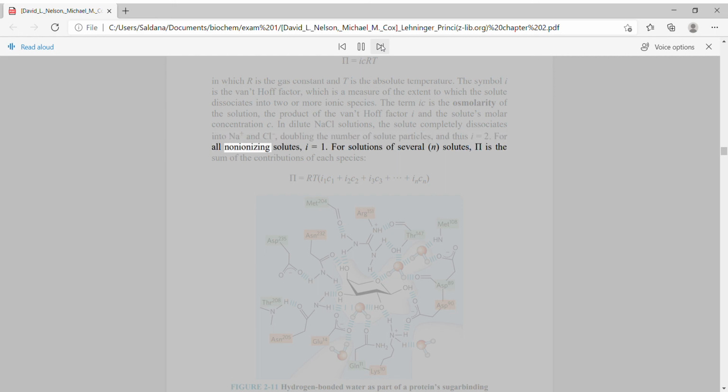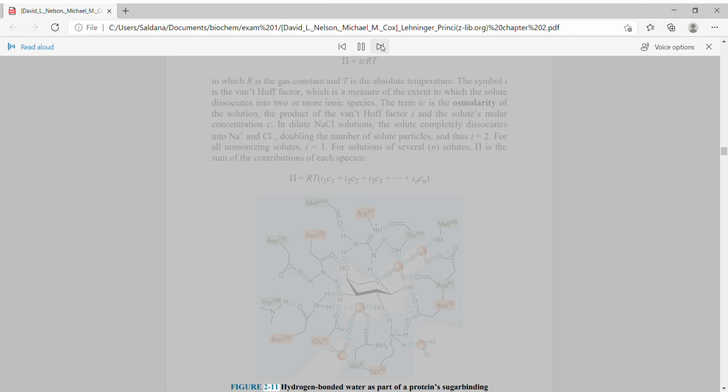For all non-ionizing solutes, i equals 1. For solutions of several solutes, pi is the sum of the contributions of each species: pi equals RT(i1C1 + i2C2 + i3C3 + ...).